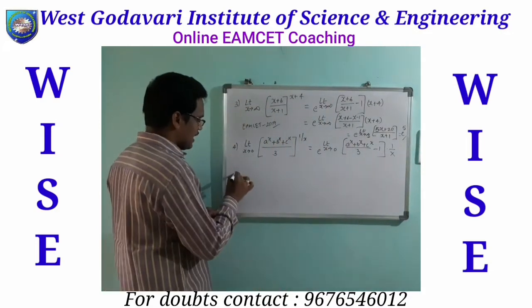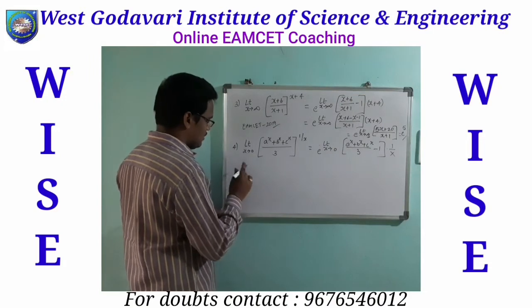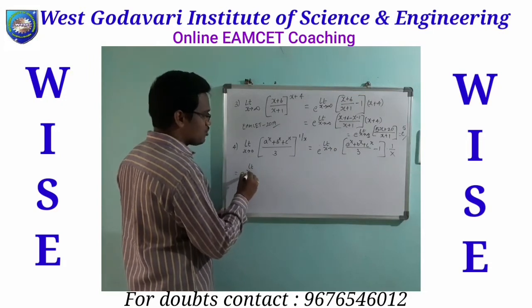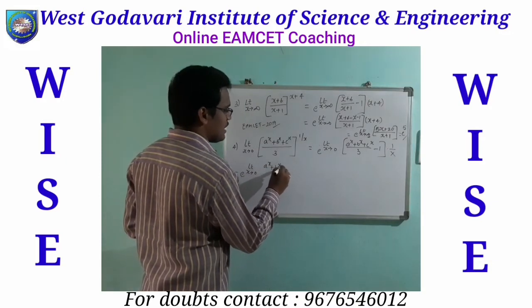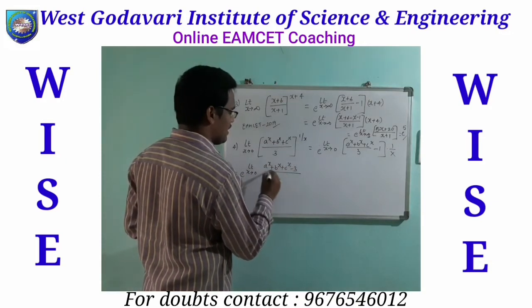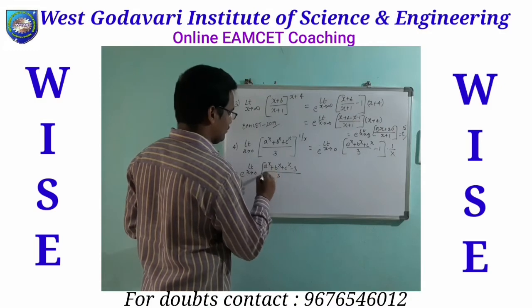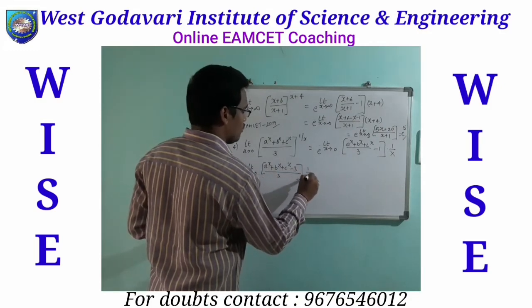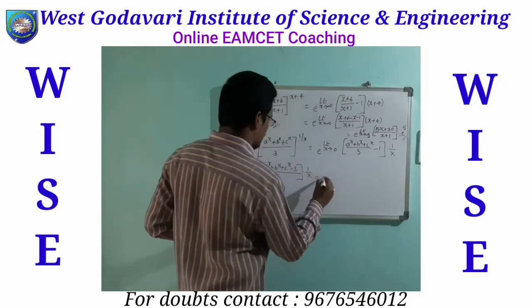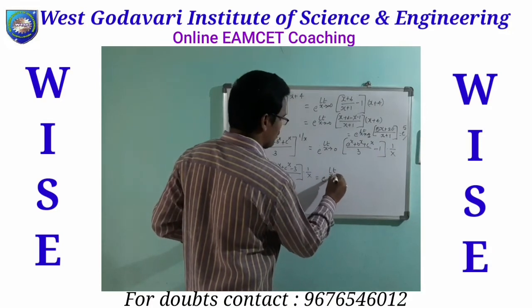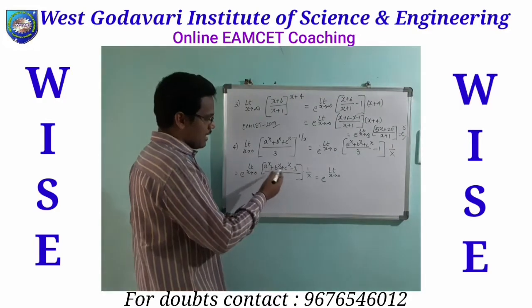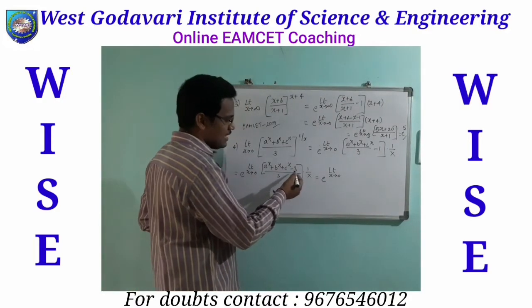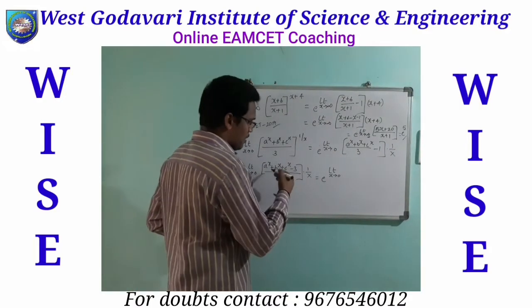So taking LCM, e power limit x tends to 0, a power x plus b power x plus c power x minus 3 by 3, into 1 by x. So this is equal to e power limit x tends to 0. So we can simplify these terms. This minus 3 is rewritten as minus 1 minus 1 minus 1.